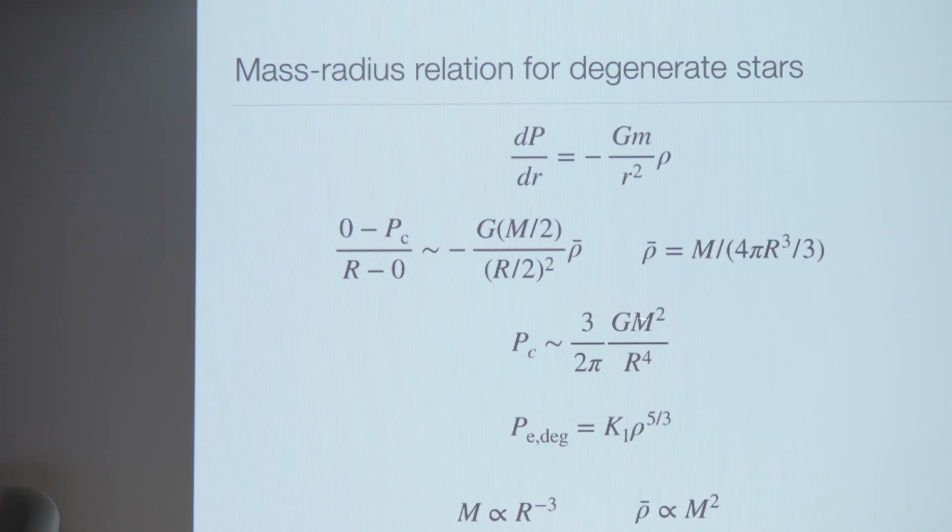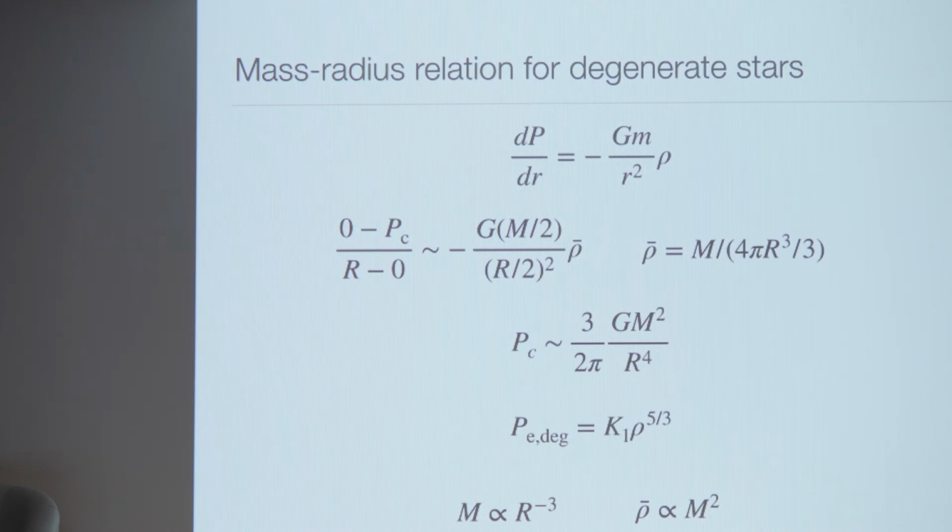What you get from these relations is that for a star governed by degenerate pressure, the radius should be proportional to M to the -1/3, that is M proportional to R to the -3, and the mean density of the star should be proportional to the mass.